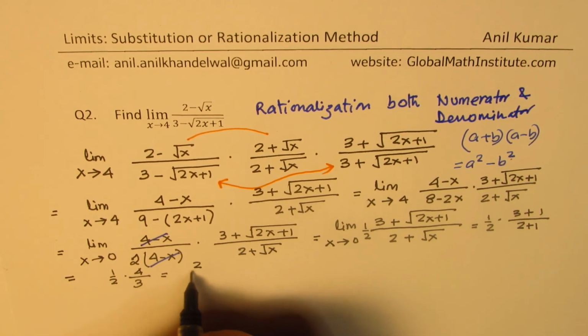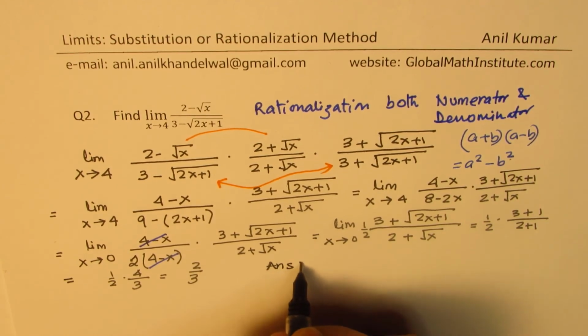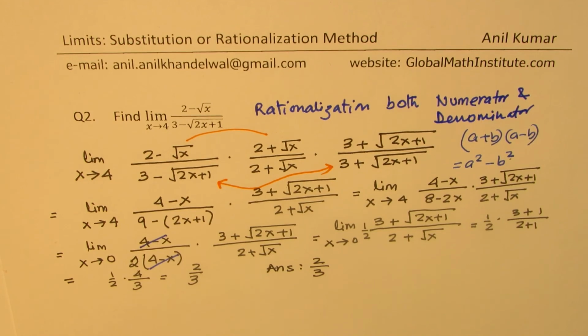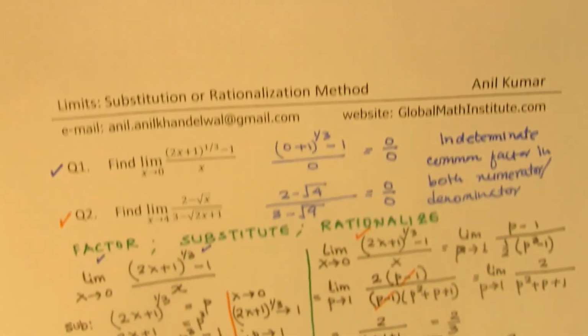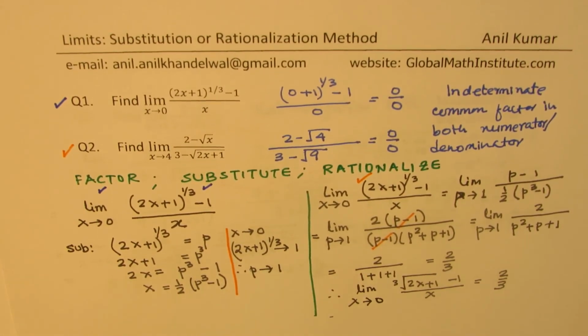Or we get 2 over 3. Is it clear? So the answer here is 2 over 3. Perfect. So that is how we can find the limit of such a question. I hope that makes sense. So it is kind of important to understand when to apply which technique and how to apply it.